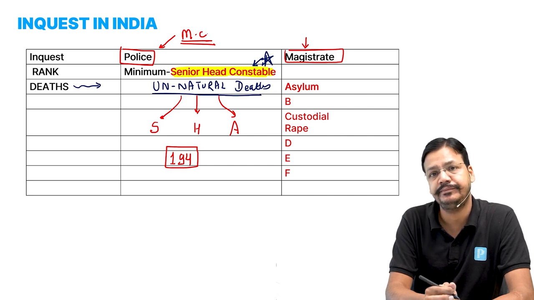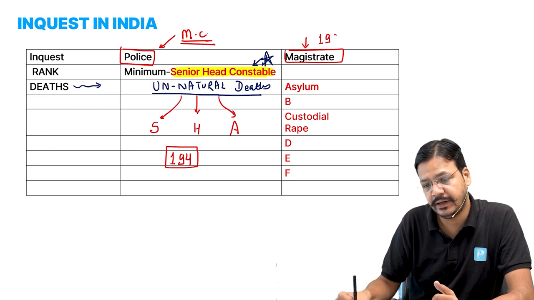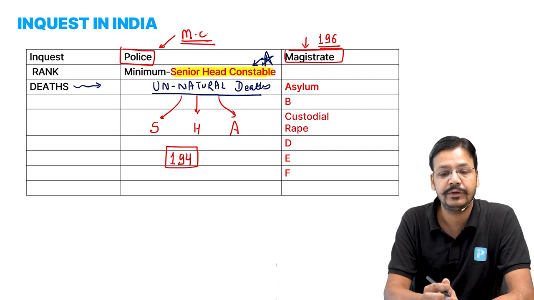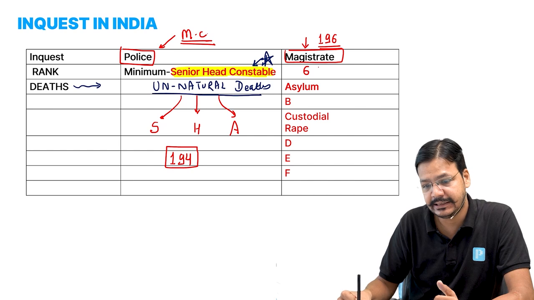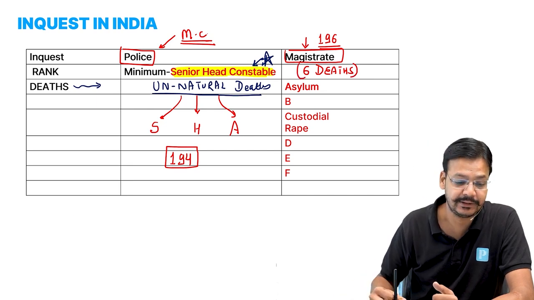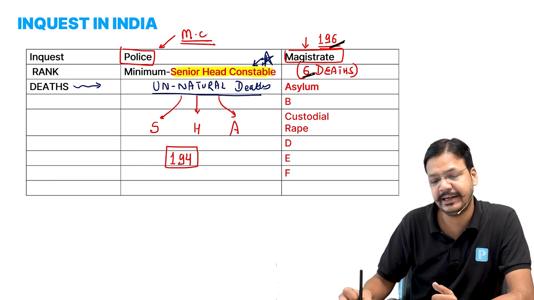Magistrate inquest, as I told you, is 196 BNSS. Magistrate inquest is done for 6 deaths.